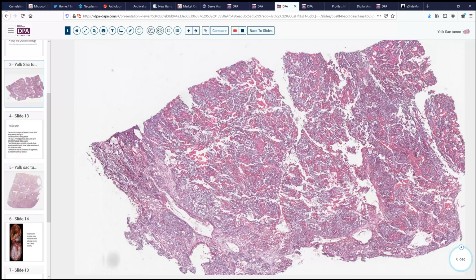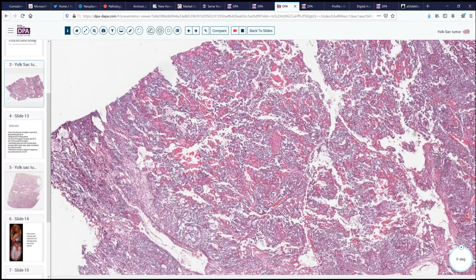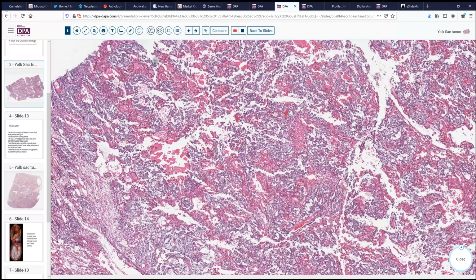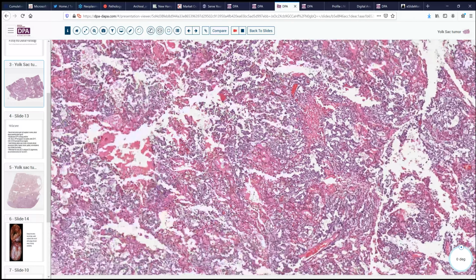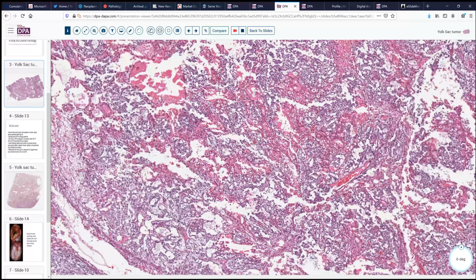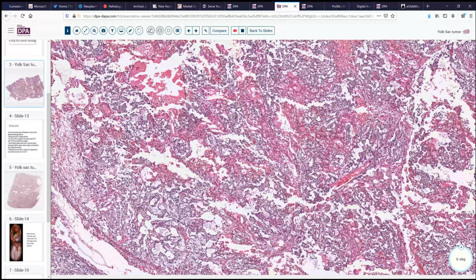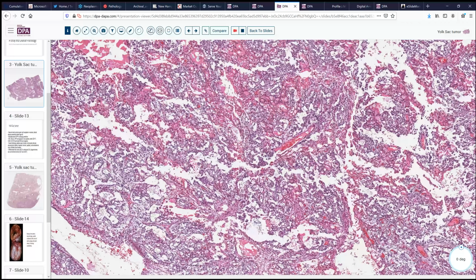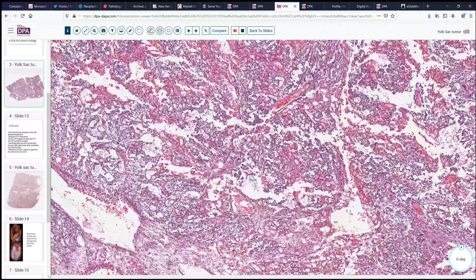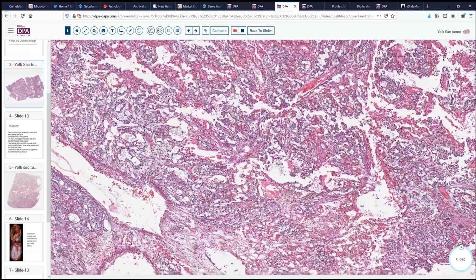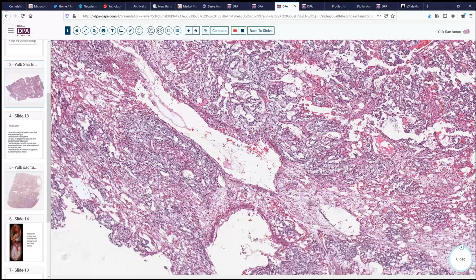We'll take a look in higher magnification, and I think we can begin to appreciate that this tumor has a sort of microcystic pattern, a very reticulated pattern, almost lace-like, if you will, which I think is a good adjective for this sort of pattern with very delicate appearing architecture and open cystic spaces.